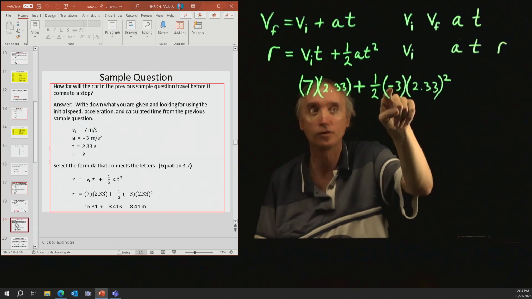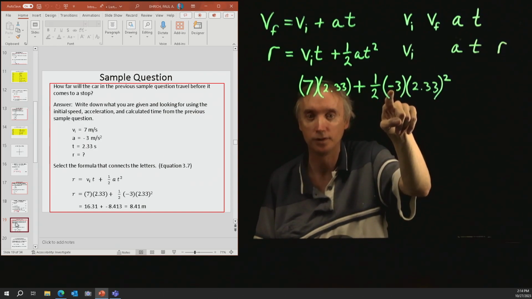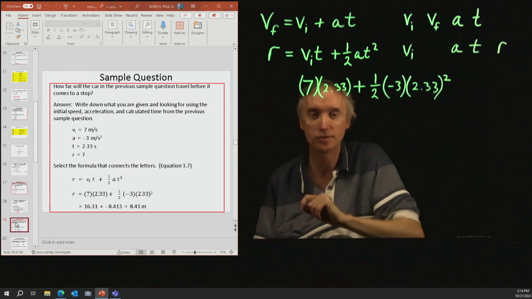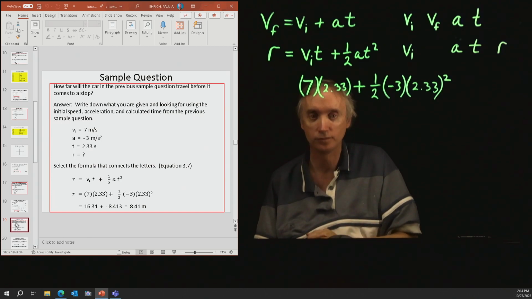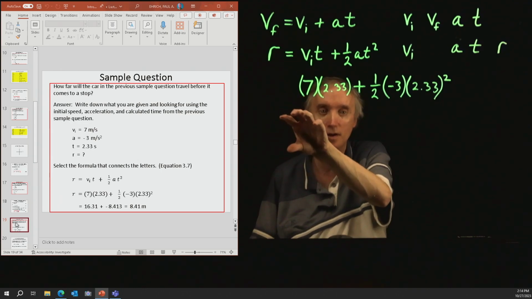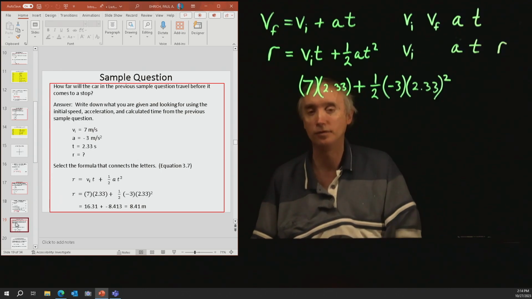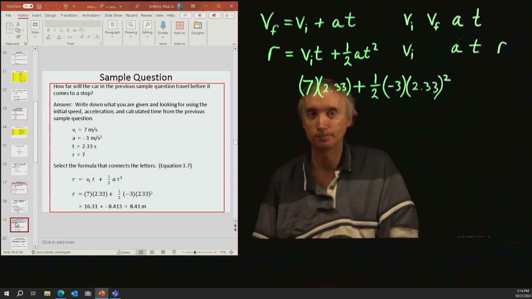And don't forget, it's a negative number, so that's where that other number is coming from. Then you need to add them together, and then you get your final result. That will be the distance that this car is going to travel before it comes to a stop.